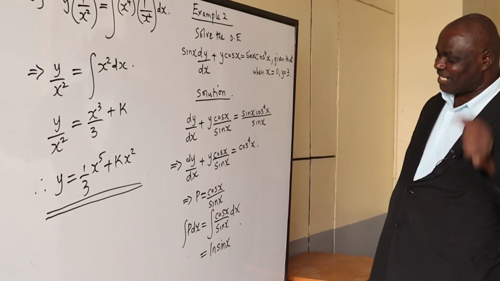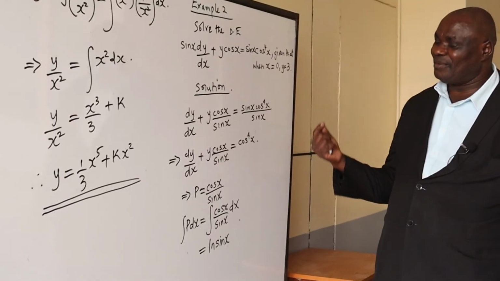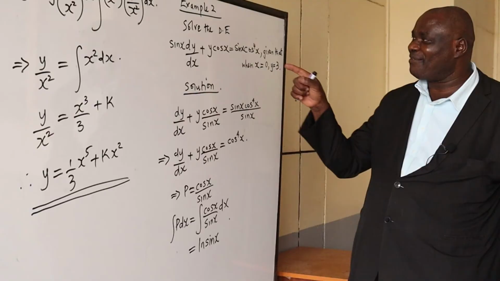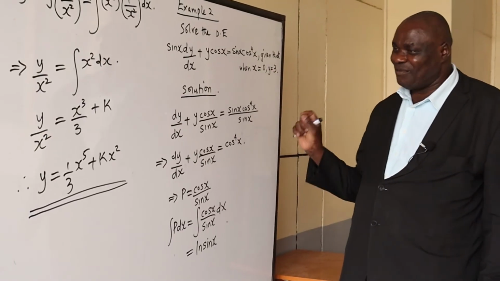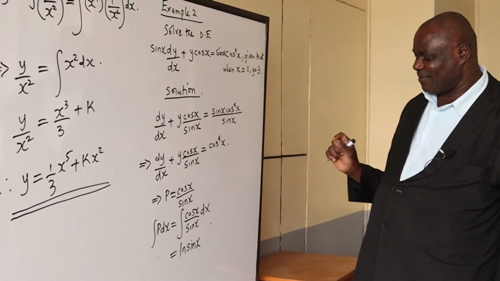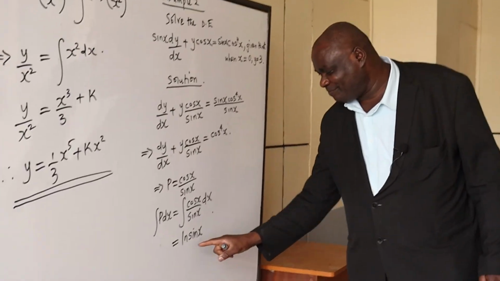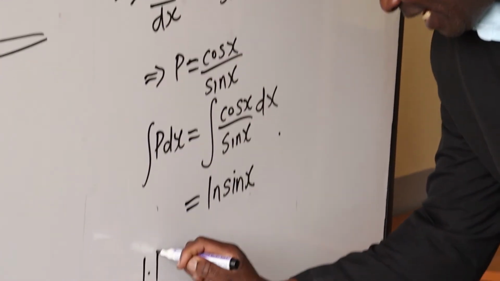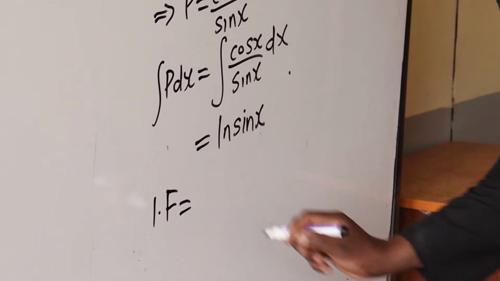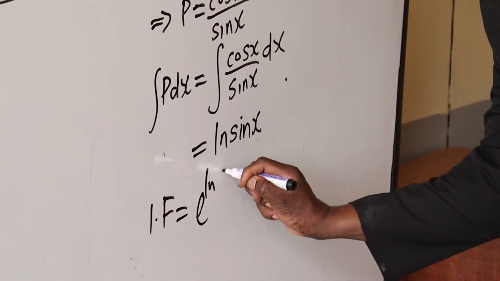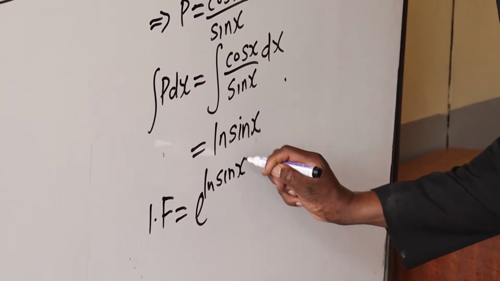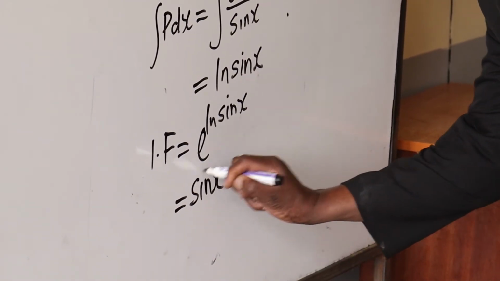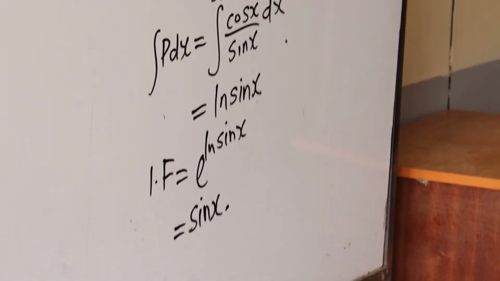We don't add a constant of integration because it's already contained in our derivation when we are deriving the formula for solving first order linear differential equations. So that's the integral of P dx. Integrating factor will be equal to e to power ln of sin x, which is just equal to sin x.